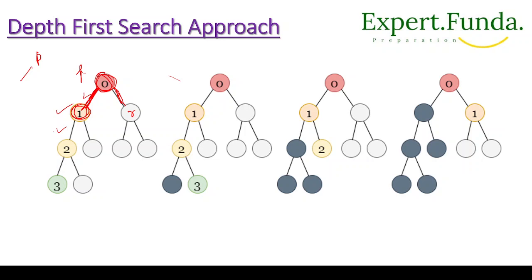So we will not start from here in this case, because both are the same, this is left and this is left. So this is not good. From P, we will not start from here.